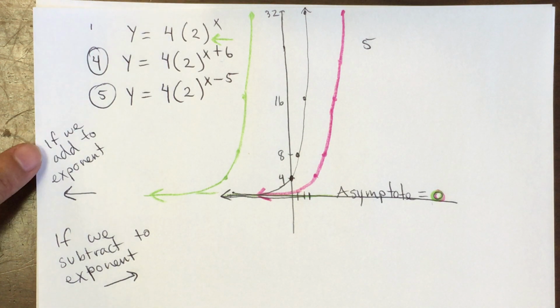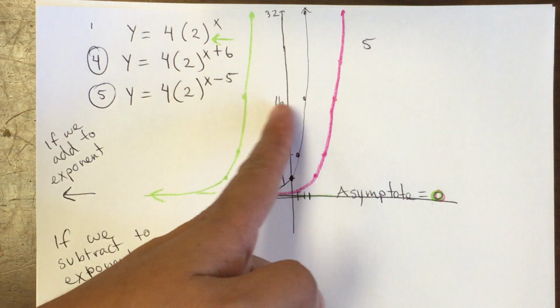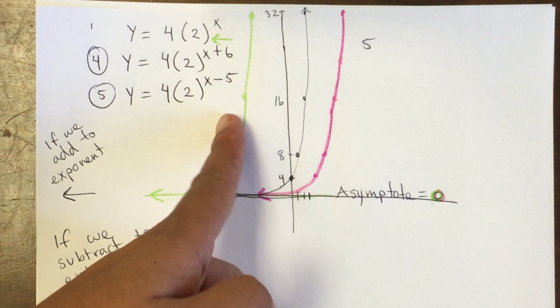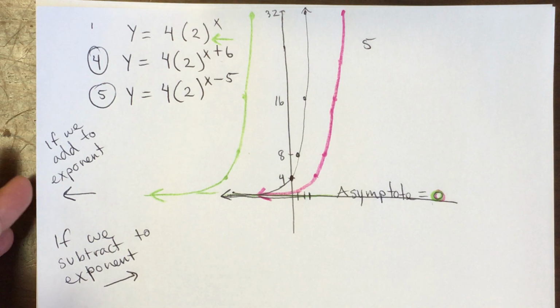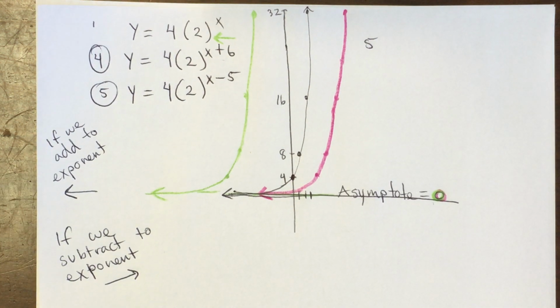Again, remember, if we add, then it goes to the left. If we subtract, it goes to the right. So basically the opposite, right? Take a minute to pause it and take note of this.